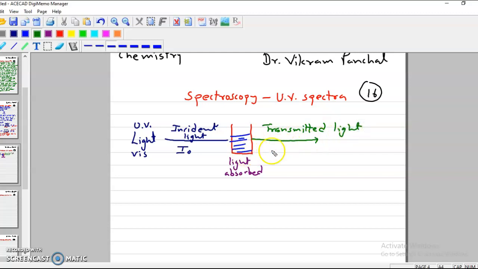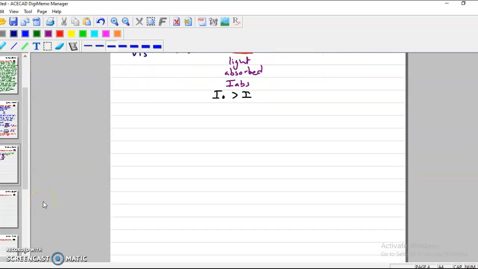And you can record this light. The intensity of transmitted light is I. Obviously, if some light is absorbed, then the intensity of the light which is absorbed is I absorbed. Obviously, I0 is always greater than I, or I absorbed is equal to I0 minus I.